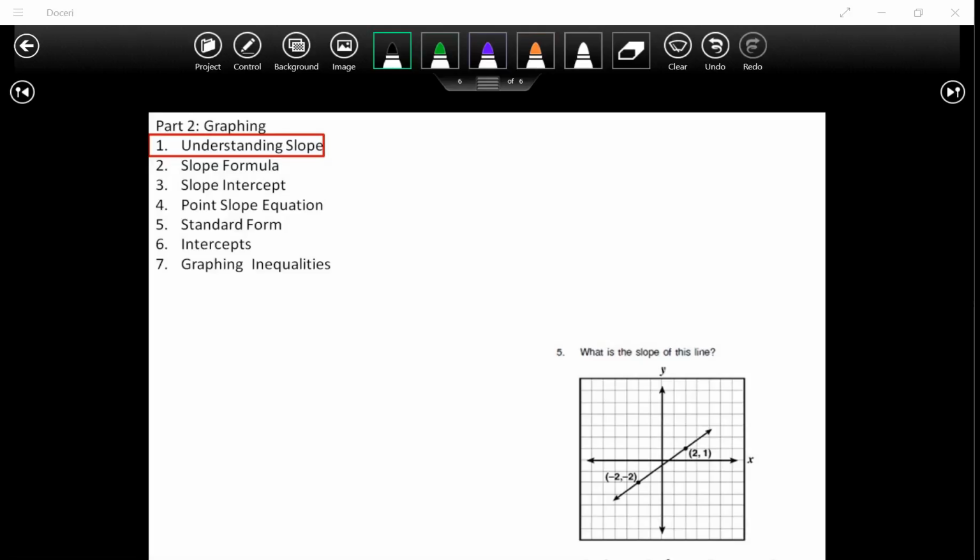The slope of this, so we have so many different ranges for slope. Slope is your y's over your x's. We also say it's the change in y over the change in x. I like to show the visual representation, the up and down versus your left and right.